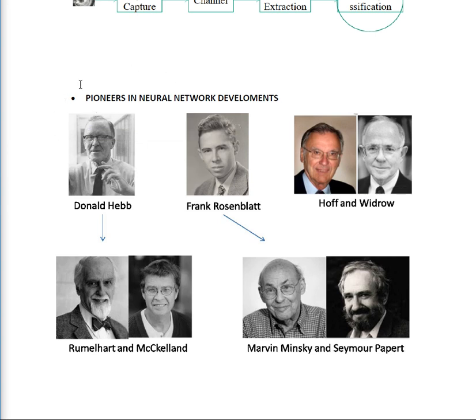He was the first person to comment upon this, and Donald Hebb was a psychologist. When he was working in the area of the neural network with respect to the brain study, he said that neurons that fire together, wire together.